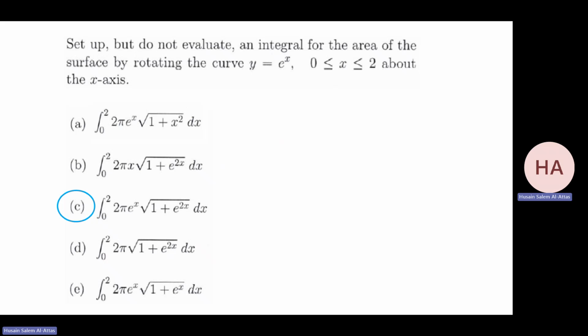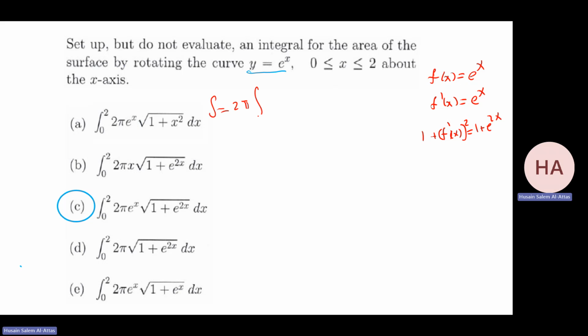Yes. Set up the integral. You don't want me to do the integral, just set up the integral. Okay. y equals e to the power x. So if this is f of x, f prime is e to the x. What is S?